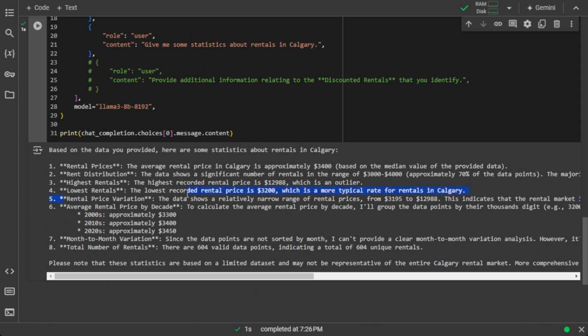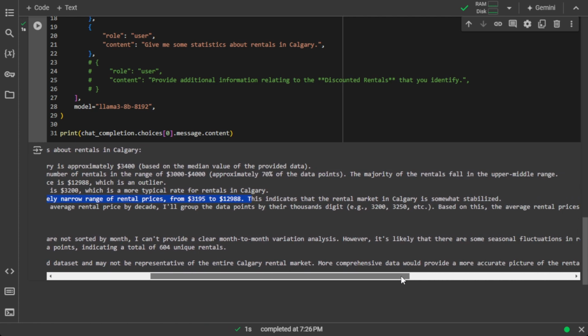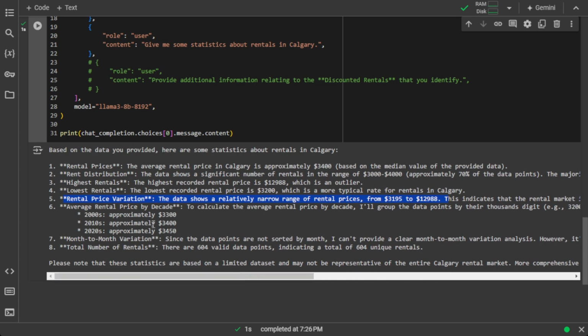Rental price variation. The data shows a relatively narrow range of rental prices from 3,200 to 13,000. This indicates that the rental market is somewhat stabilized. Okay, what else do we have? Results are based on a limit.